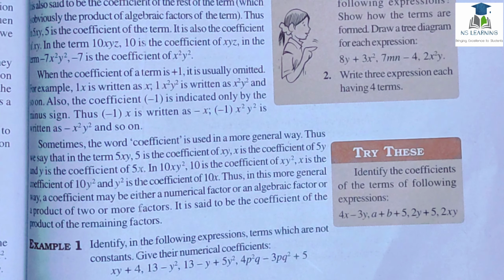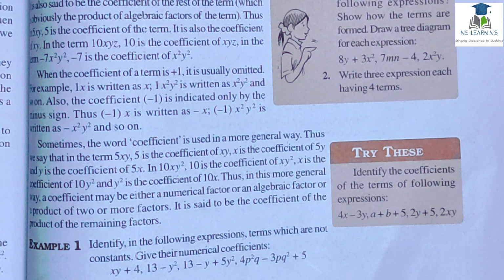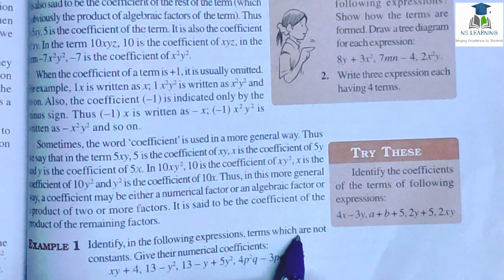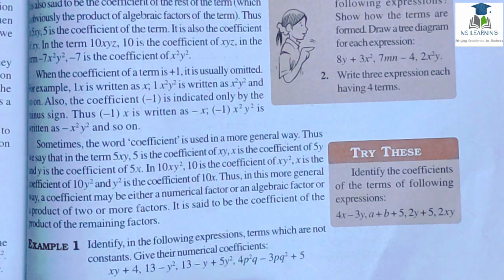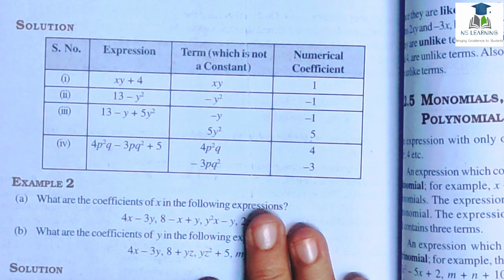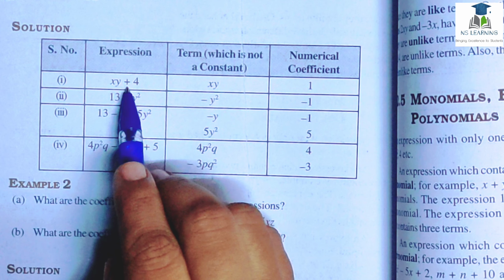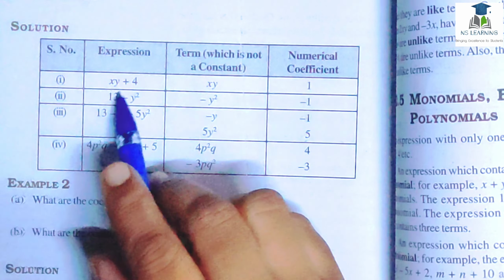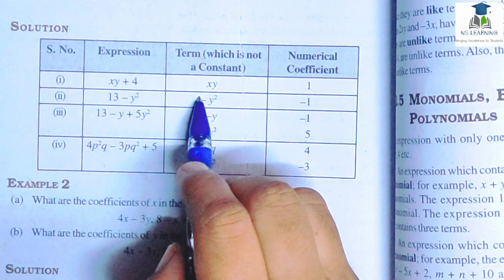So for more understanding, we are going to take some solved examples from the textbook. What is a coefficient? Identify the following expressions' terms which are not constants, and give their numerical coefficients. The solution: question number 1, xy plus 4. Here the first term xy is not a constant.